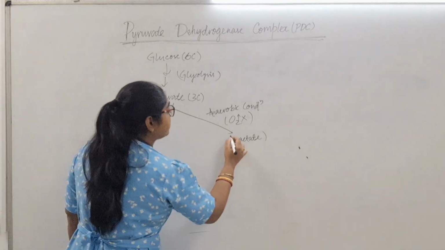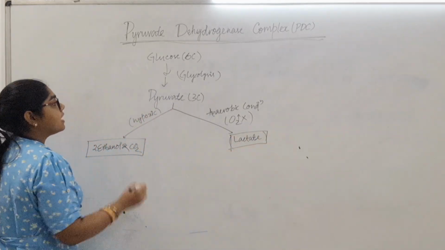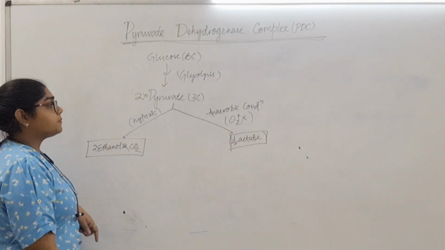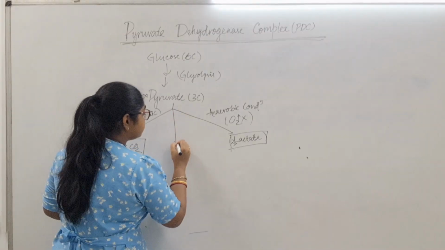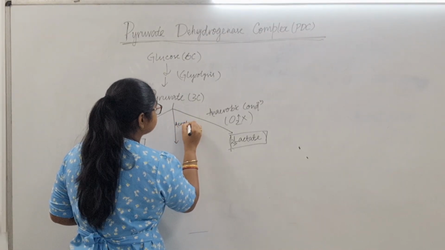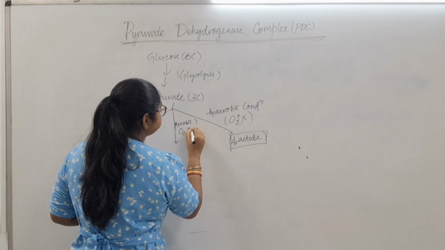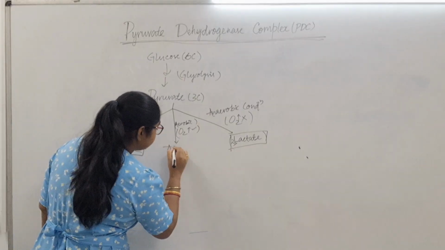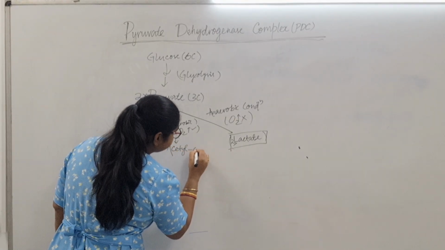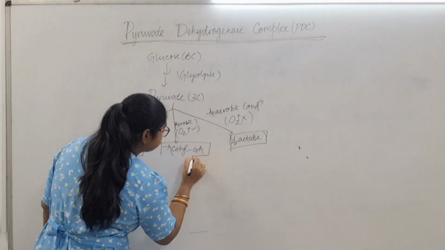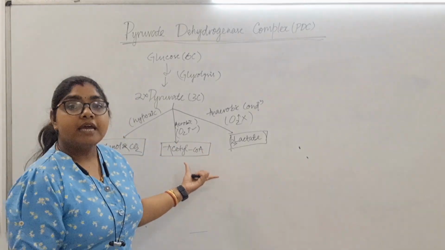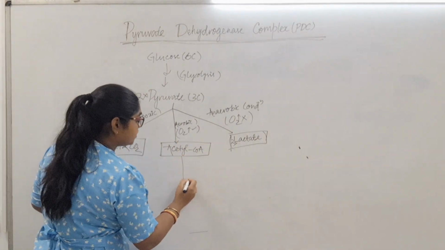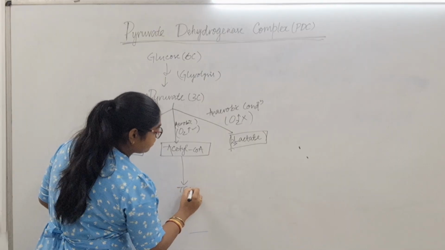In the presence of oxygen, in the aerobic condition, it produces acetyl coenzyme A. This acetyl coenzyme A directly enters the third part of cellular respiration, that is TCA or citric acid cycle or Krebs cycle.